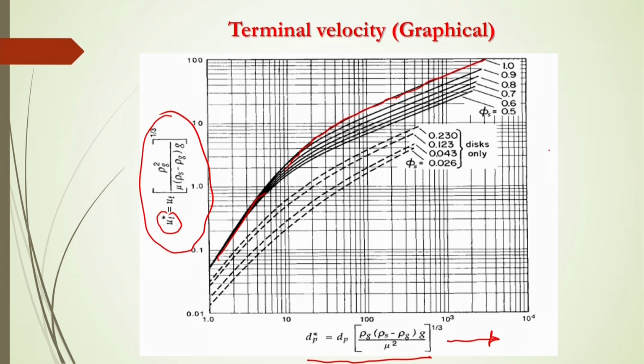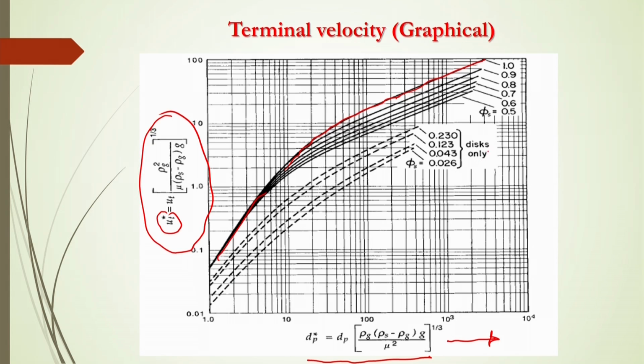From the graph it is observed that if you decrease the sphericity, that means if it deviates from the spherical particle, then you will see how the terminal velocity changes with respect to particle diameter. Of course, the terminal velocity will increase if dp is increased, that means if particle size is increased, then terminal velocity will increase. Of course, if size is increased, that means how fast the particles will fall down freely.